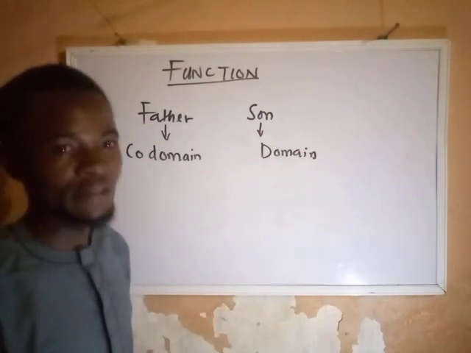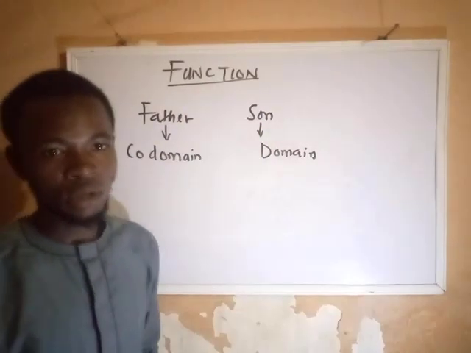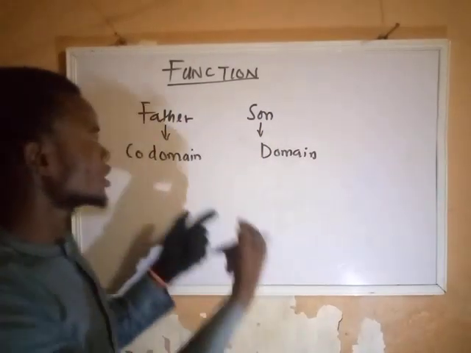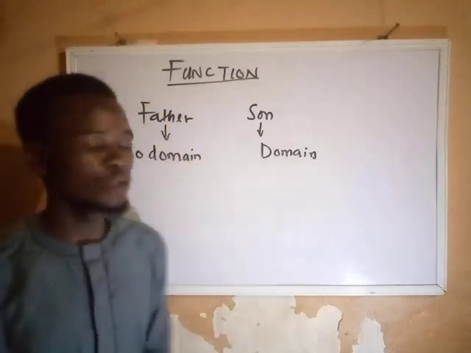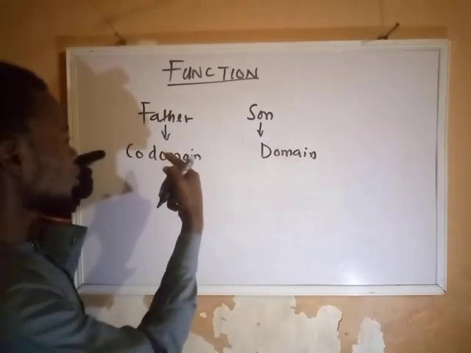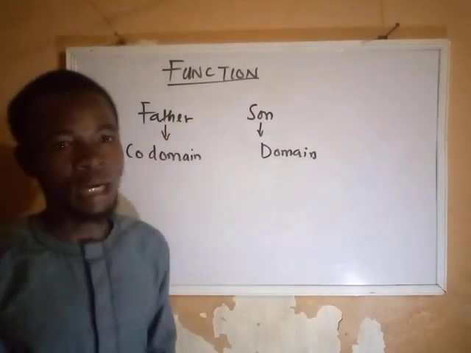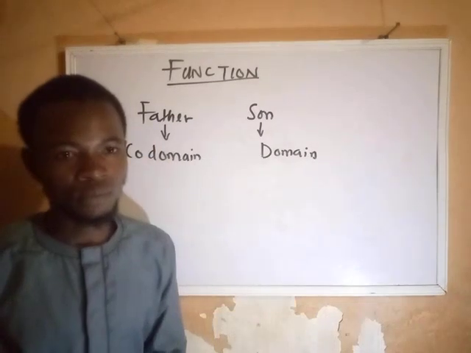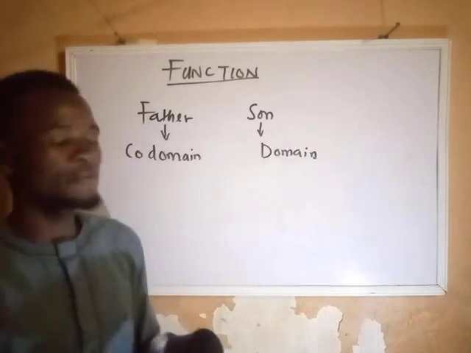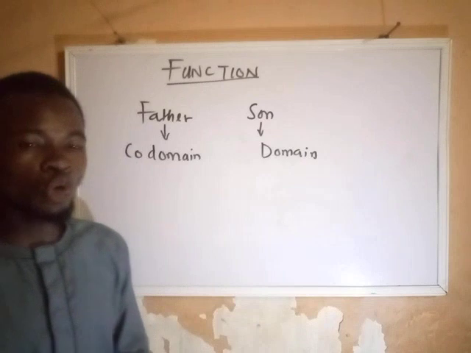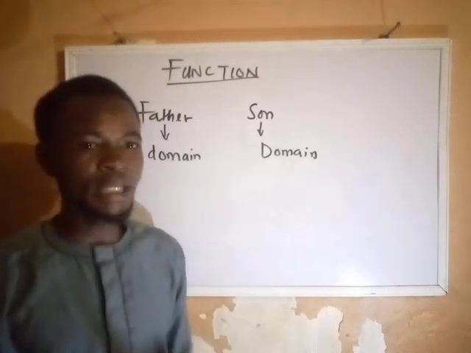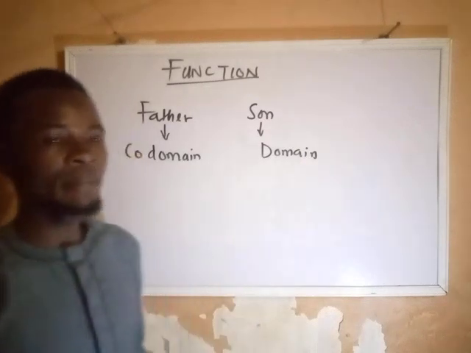But how can we go with the definition? The definition of a function relating to the father and the son, I mean the codomain and the domain. To define it, we say a function is a mapping whose codomain is a set of real numbers. What do we mean by the word real number in mathematics?